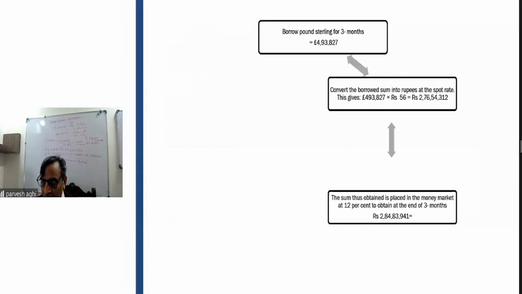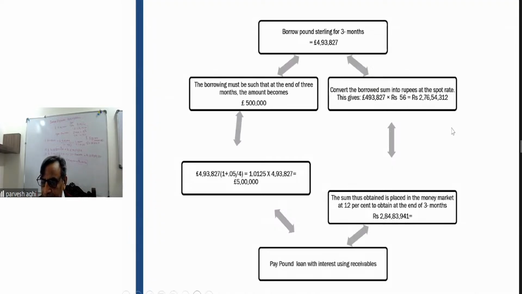So what I have done is made a box like this. Borrow pound sterling for 3 months. How much? 4,93,827. The borrowing must be such that at the end of 3 months, the amount becomes 5 lakh pounds. So 4,93,000 borrowed at 5% will become 5 lakh pounds.